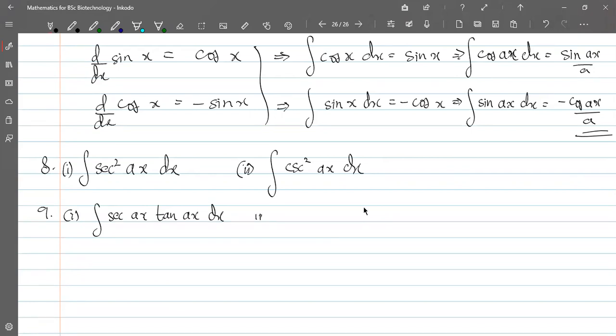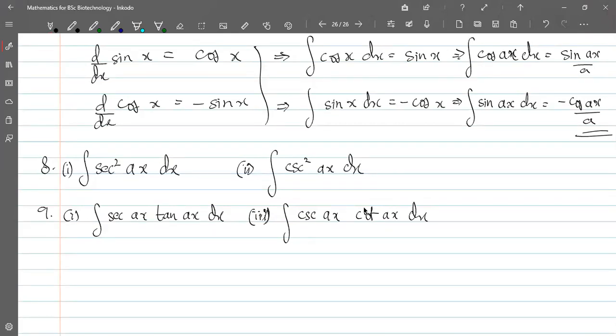Again, this has to be the same a. If I write secant ax and tan bx, then it's not so easy. Probably you can't even find the integral then. Similarly, you have cosecant ax cot ax.